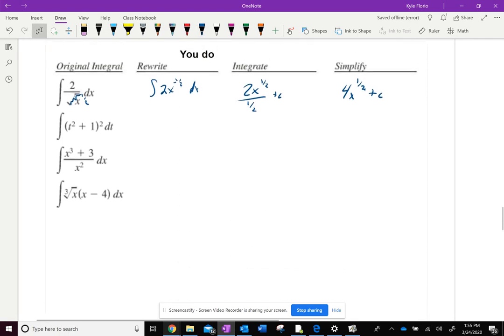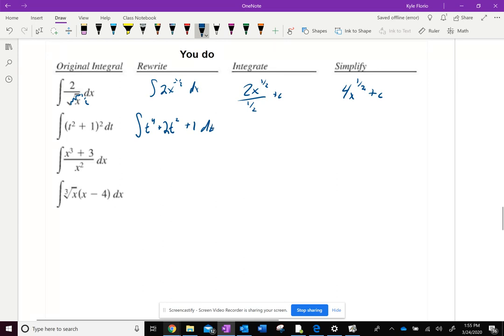Moving on, we have this antiderivative, t squared plus 1 squared. Let's just FOIL that. That's going to be t to the 4th plus 2t squared plus 1 dt.